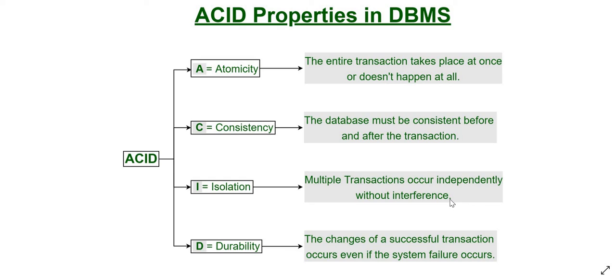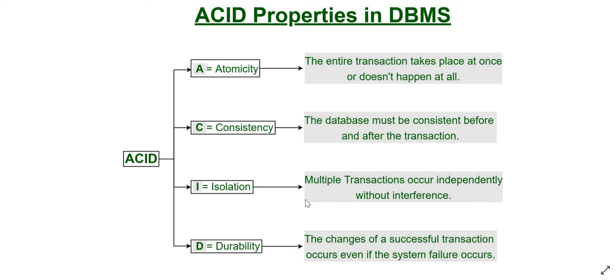So these two transactions are happening at the same time. The isolation property makes sure that whatever transactions are happening at the same point of time, they are isolated from each other and do not interfere. This is the assurance provided by isolation in the ACID properties.